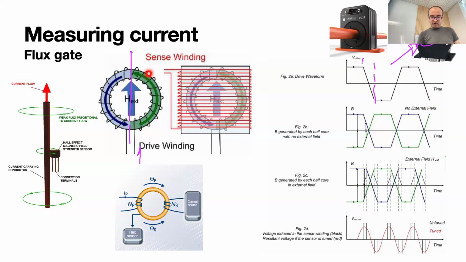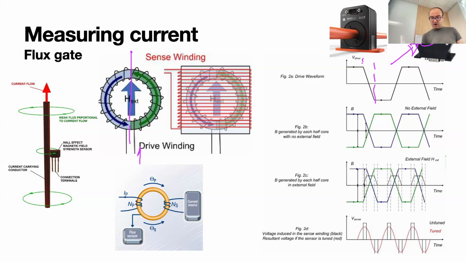And because we have two cores in this coil, it induces an electromagnetic field in one direction on the right coil, and in the other direction in the other coil.